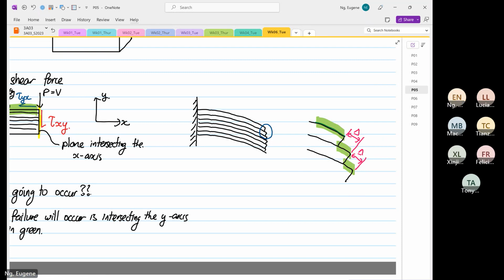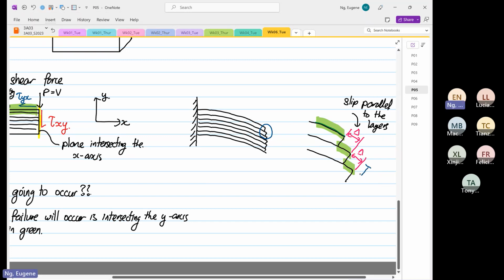So this is where what we call the slip is parallel to the layers.